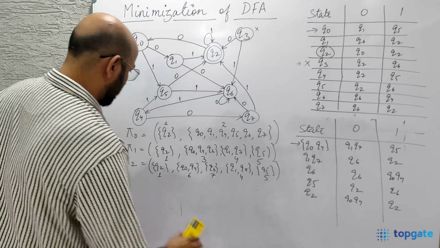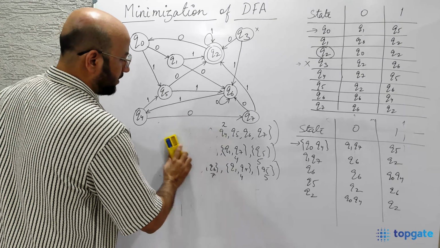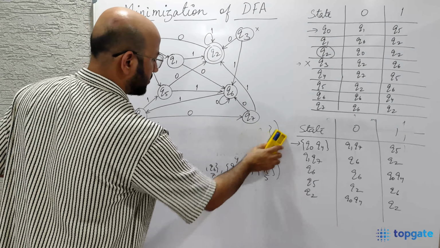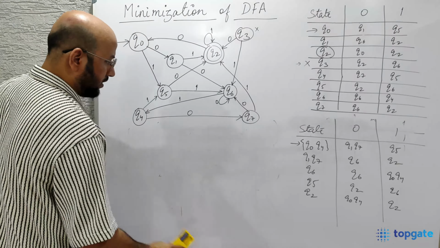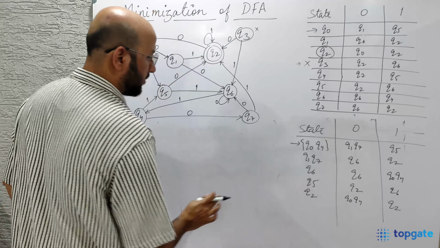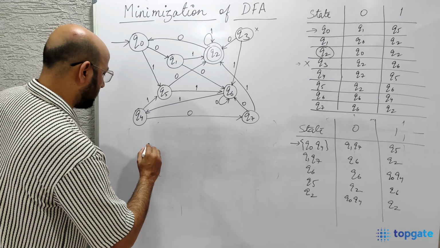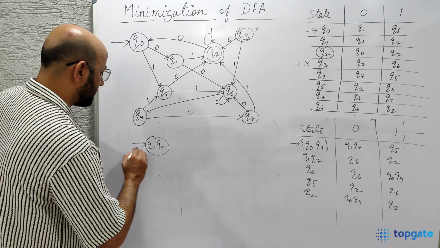So let's make the transition diagram of this particular DFA. It's quite simple. We just have to convert this table into the equivalent transition diagram. So we have 1, 2, 3, 4, 5 states. I'll simply take those 5 states. First one is Q0, Q4. That becomes my initial state.